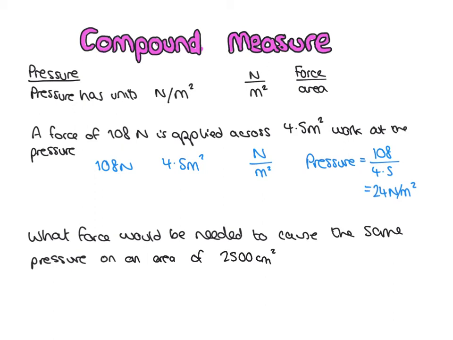First things first, let's convert. So 1 metre is 100 centimetres, so 1 metre squared is 100 squared, which is 10,000 centimetres squared. How do we get from centimetres squared to metres squared? We divide by 10,000. So that's 0.25 metres squared, because we divided by 10,000.